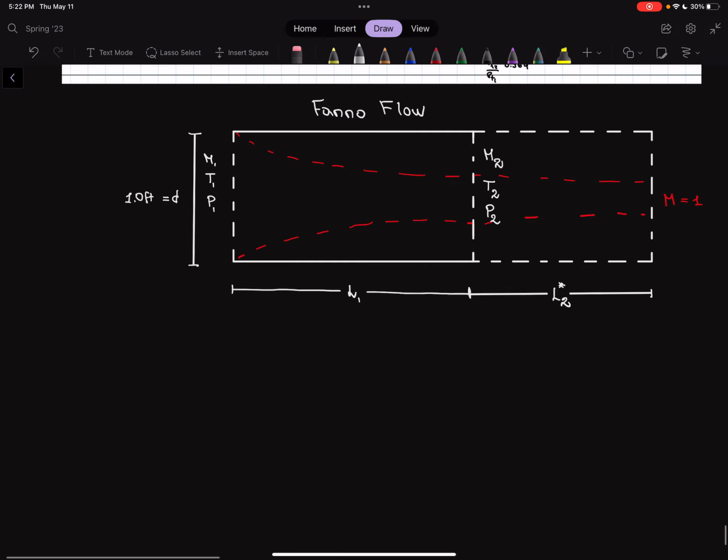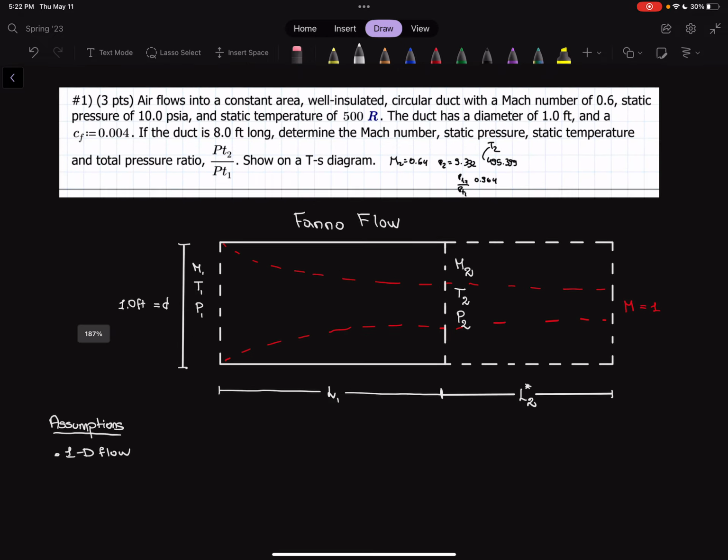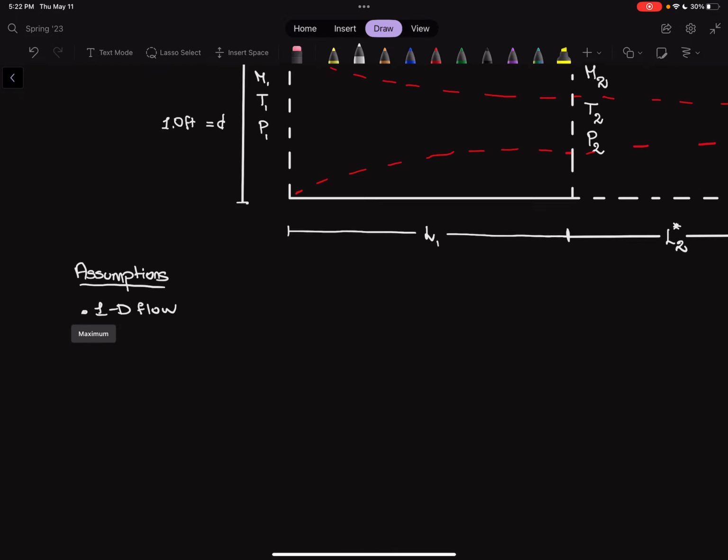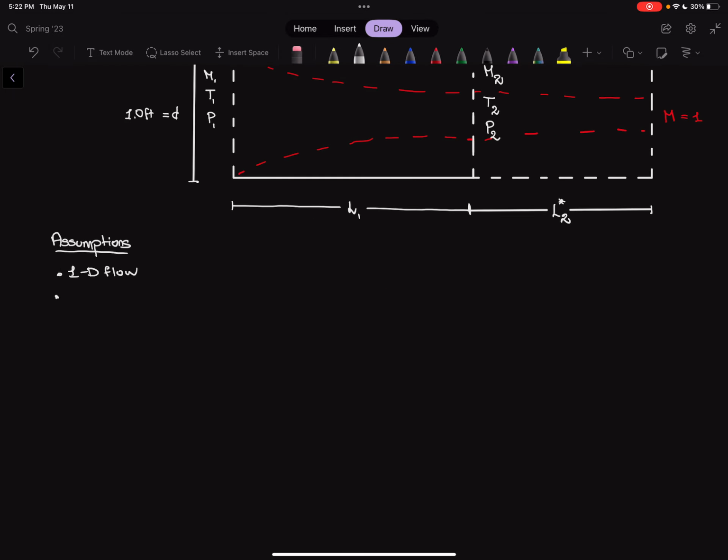So that brings me to the assumptions. What can we assume? Well, we can assume 1D flow, right? Because we're representing each property with a single number for each cross section, so we can say it's a 1D flow. Single in, single out.